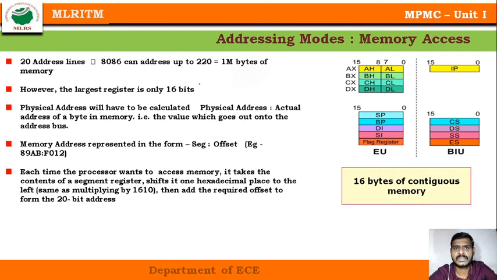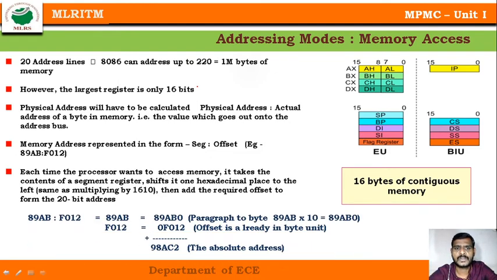20 address lines can access up to 2 power 20, that is 1 megabyte, of memory. However, the largest register we specified in the segment is a 16-bit register. So to calculate the actual physical address, the formula which I have written is going to be used here. For example, 89AB is the segment register value, and F012 is the offset address.